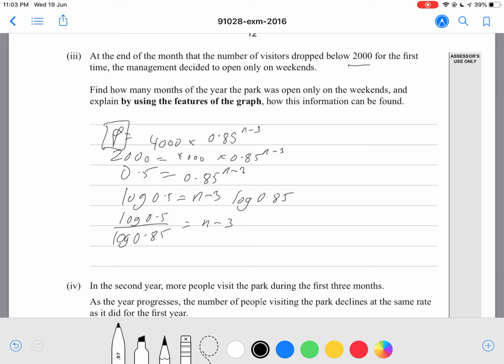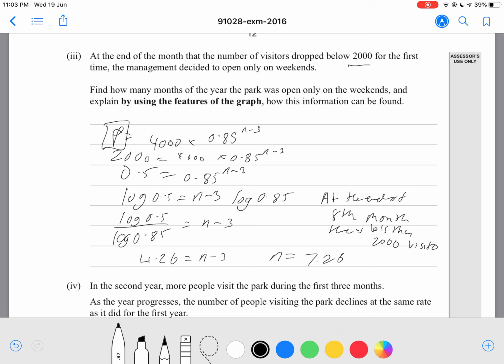Therefore, you should get 4.26 equals n minus 3, so n equals 7.26. So you can say that at the end of the 8th month, there are fewer than 2,000 visitors.